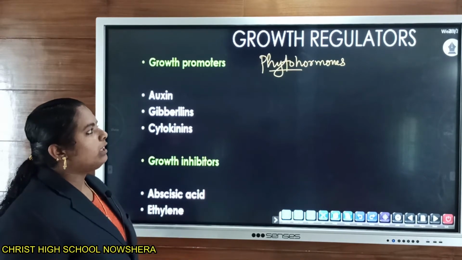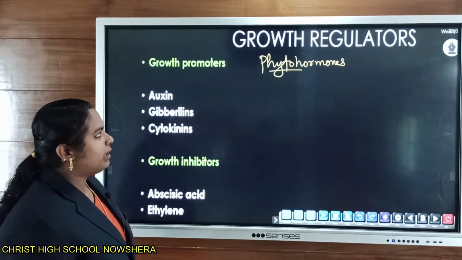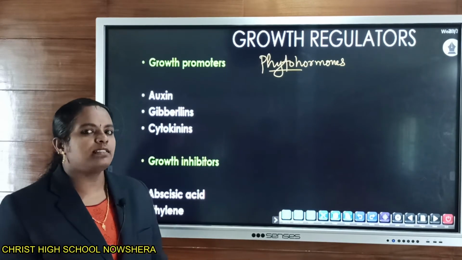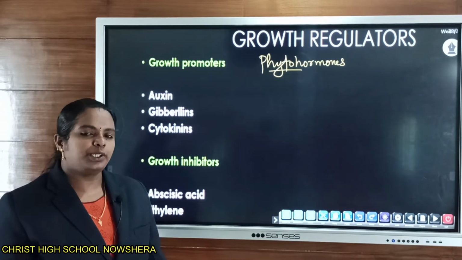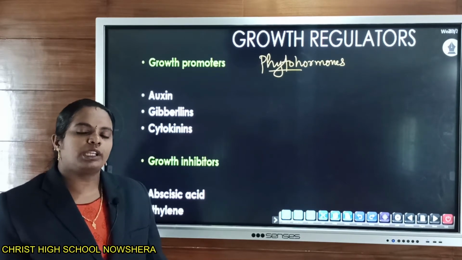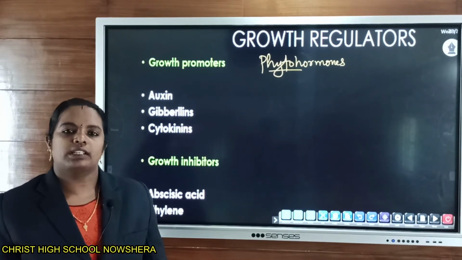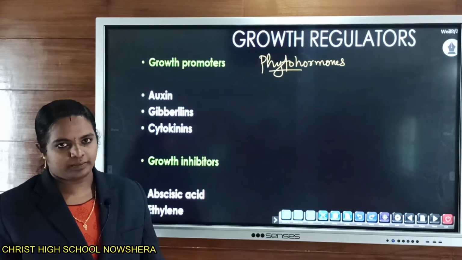All these processes are controlled by certain chemical substances secreted from the plant body. So they are known as phytohormones or growth regulators, which regulate the growth as well as the development of the plant.